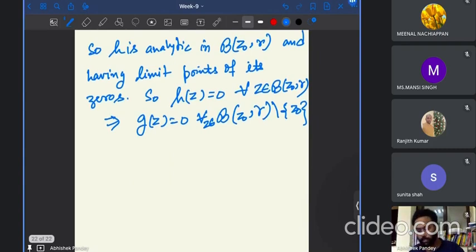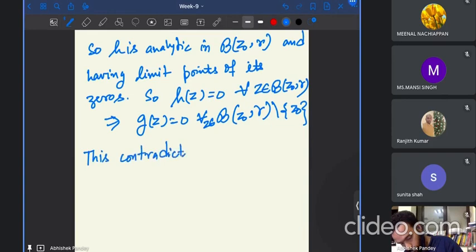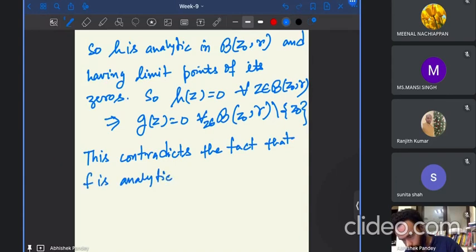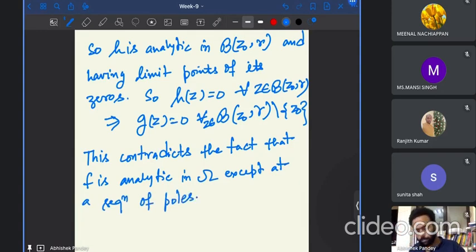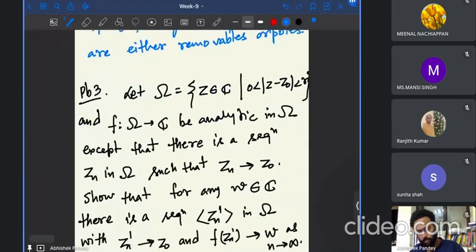So this contradicts the fact that f is analytic in omega except at a sequence of poles.